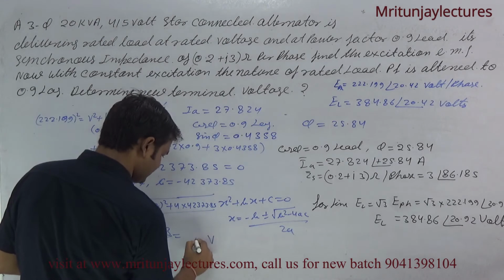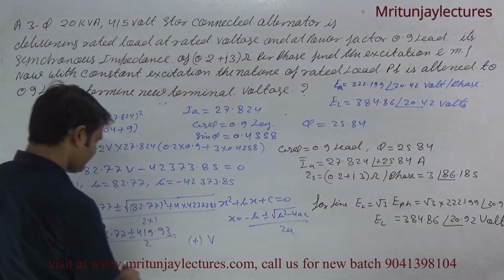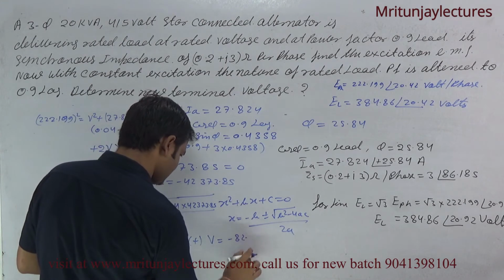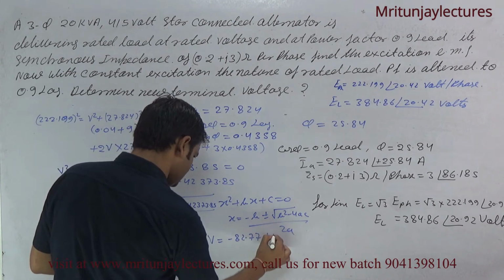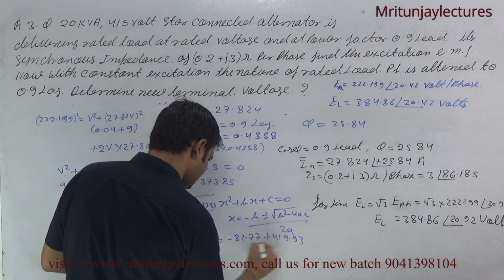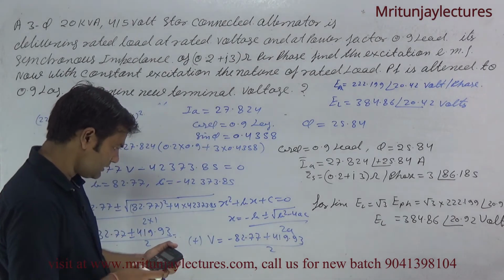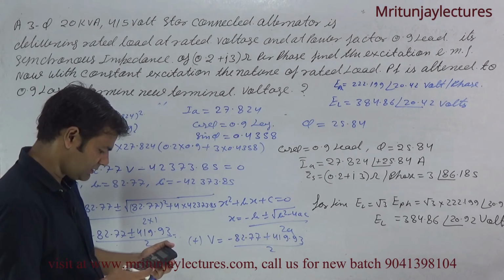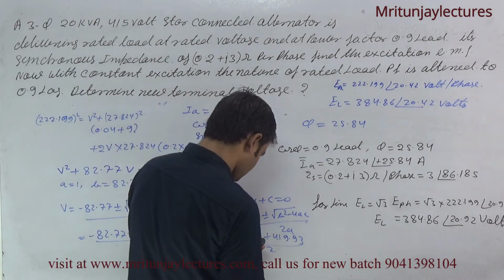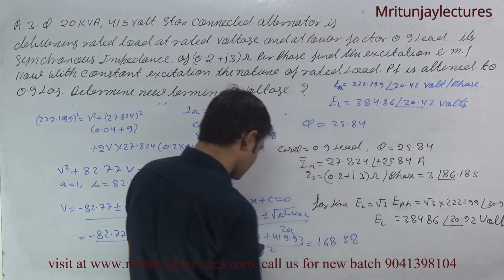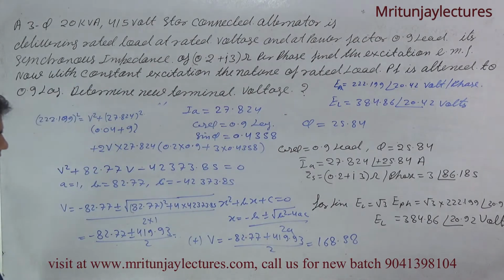If you take the positive sign, then V will equal minus 82.77 plus 419.93, divided by 2, which gives 168.58.